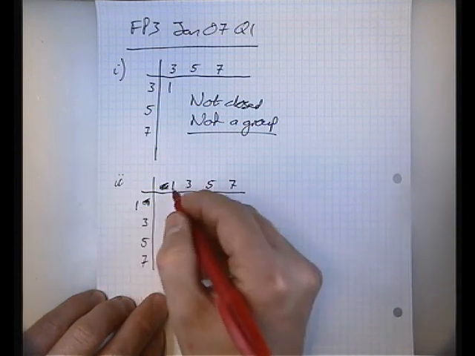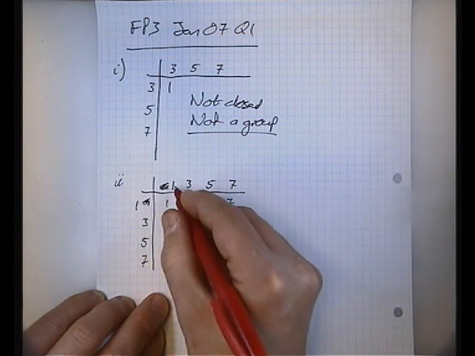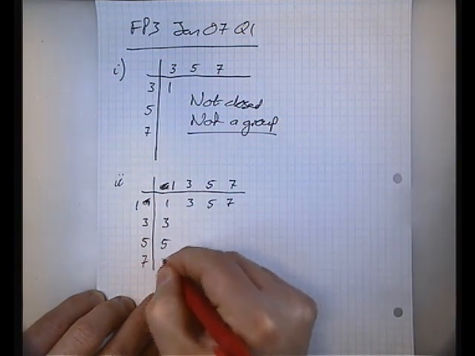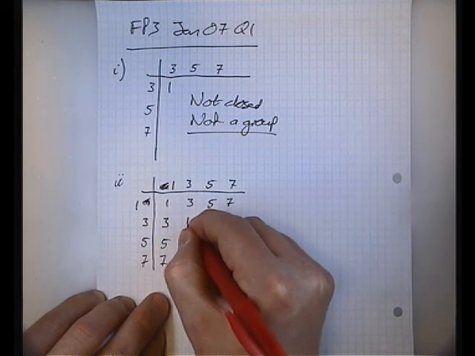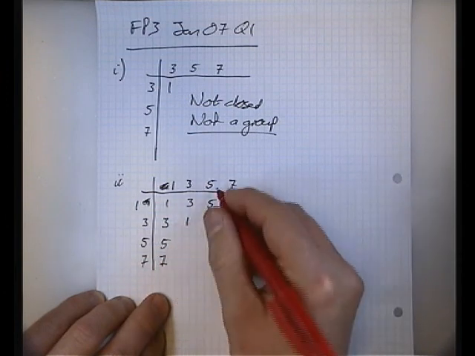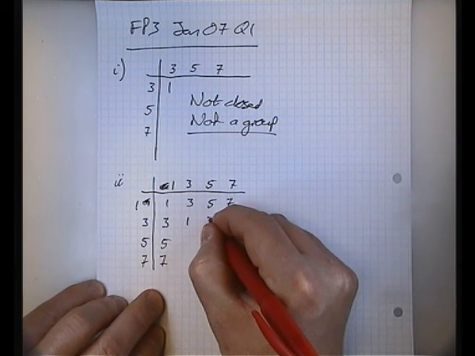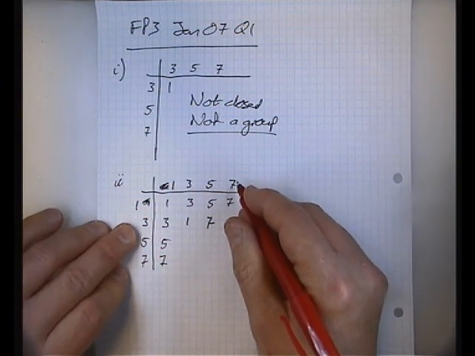So 1 times 1 is 1, then 3 and 5 and 7, so 1, as you expect under multiplication, is the identity. Now 3 times 3 is 9, which gives us 1 under modulo 8, 3 times 5 is 15, which is 7 under modulo 8, and then 3 times 7 is 21, which is 5 modulo 8.